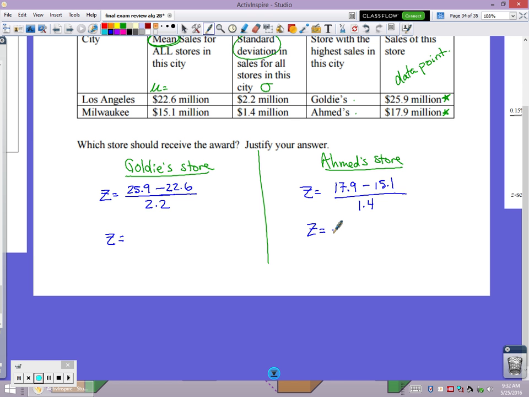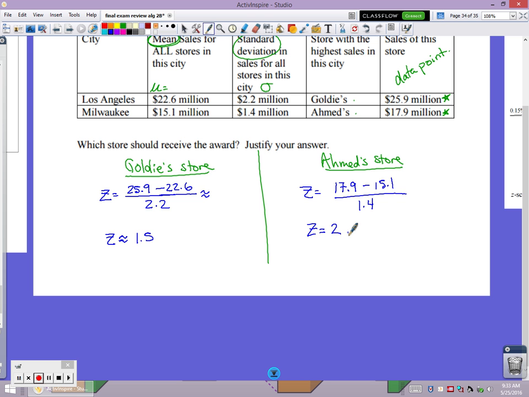When we do this, we get approximately, and I had to round to two places after the decimal, at Goldie's store it was 1.5, and at Ahmed's it was 2.